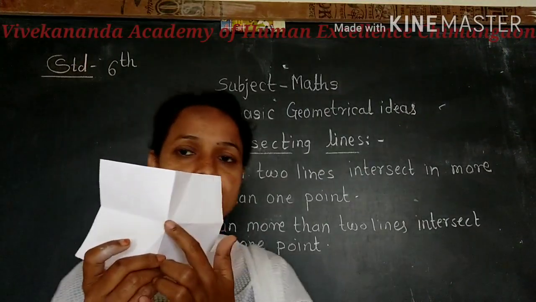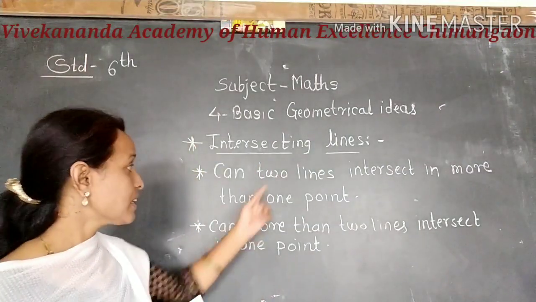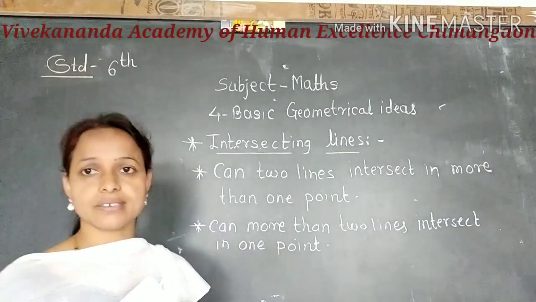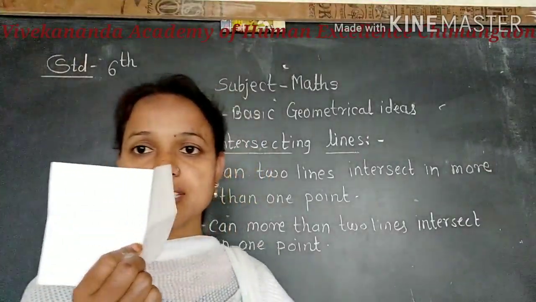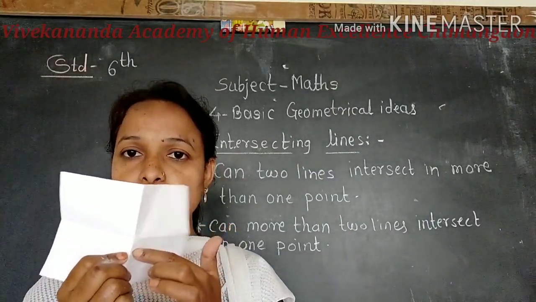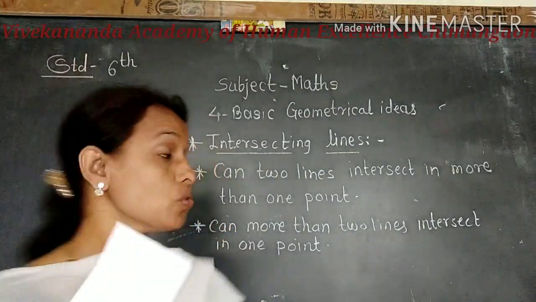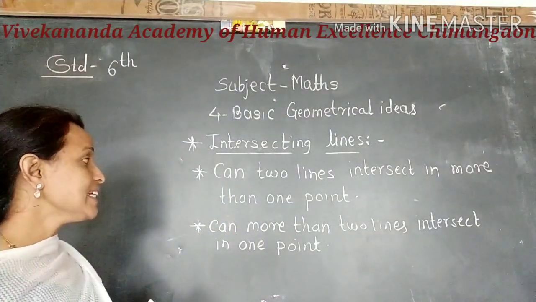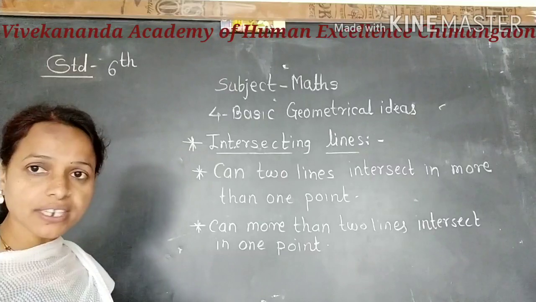Okay, so see student, here we ask, can two lines intersect in more than one point? By observing this folding of paper, do you see any other intersecting point? No. So what is the answer to this question? Can two lines intersect in more than one point?